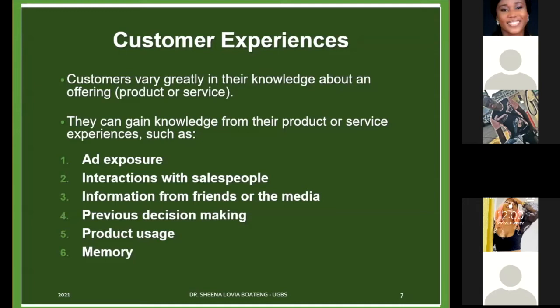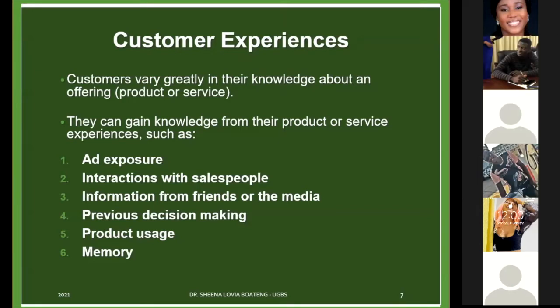Having these knowledge experiences is very important to keep in memory, such that when the need arises for you to solve a particular problem, you will have this knowledge stored in memory that you can fall back on to help you make a better informed choice of which product or service is best suited to satisfy your needs.